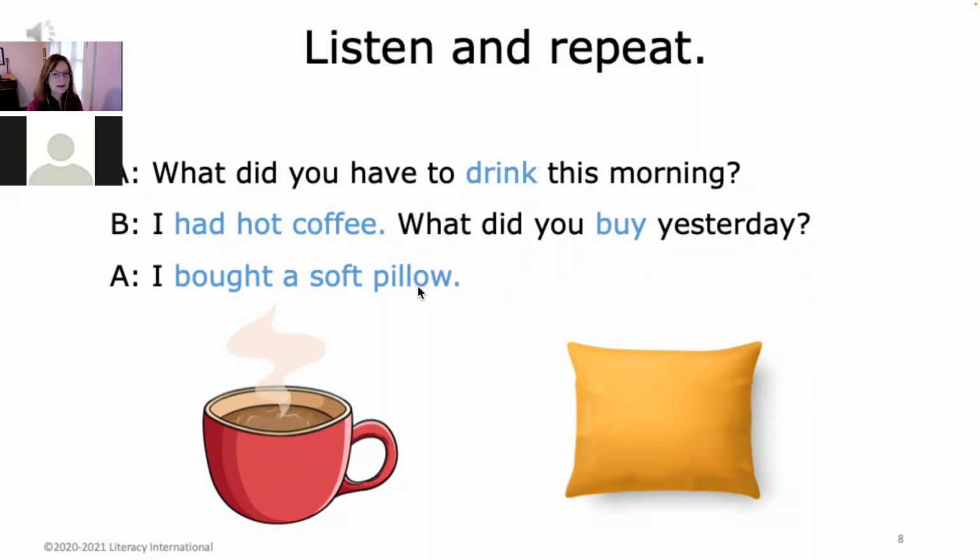I bought a soft pillow. And then you might change it to, what did you have to eat this morning? I had oatmeal. What did you see yesterday? I saw a movie. So that gives them some help, some practice with doing those. And we can start out with really simple and common verbs to do that.